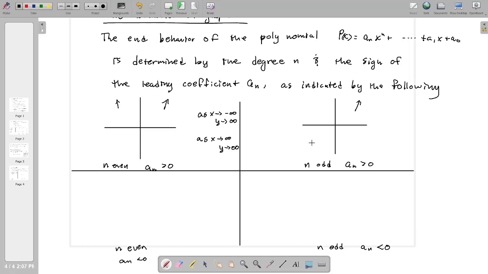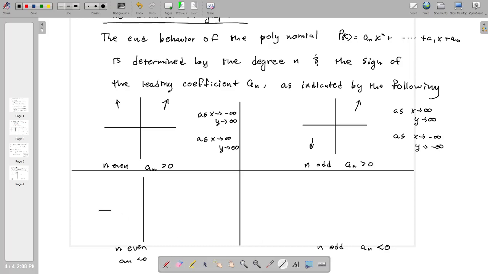So we would end up with negative infinity for our end behavior, because our y value would be going to infinity, but in the negative direction, because of the odd degree and x being on the negative side. So here, as x goes to positive infinity, y goes to positive infinity. As x goes to negative infinity, y goes to negative infinity.